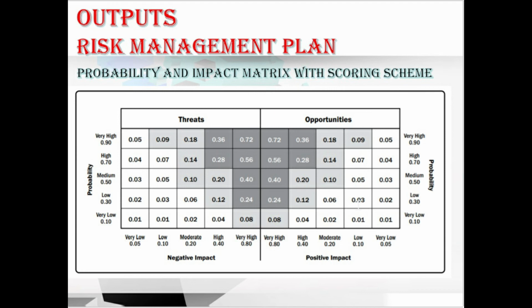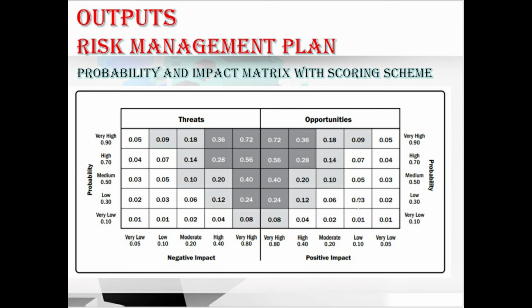The numeric values can be multiplied to give a probability impact score for each risk, which allows the relative priority of individual risks to be evaluated within each priority level. Hope you understood. Just refer to the slide that's showing a possible numeric risk scoring scheme. Hope it is clear for you by referring to the slide.